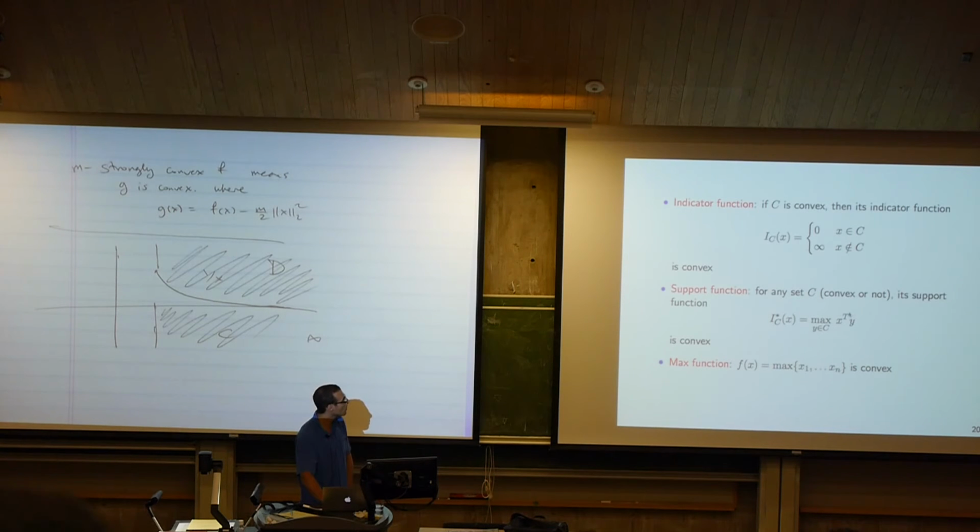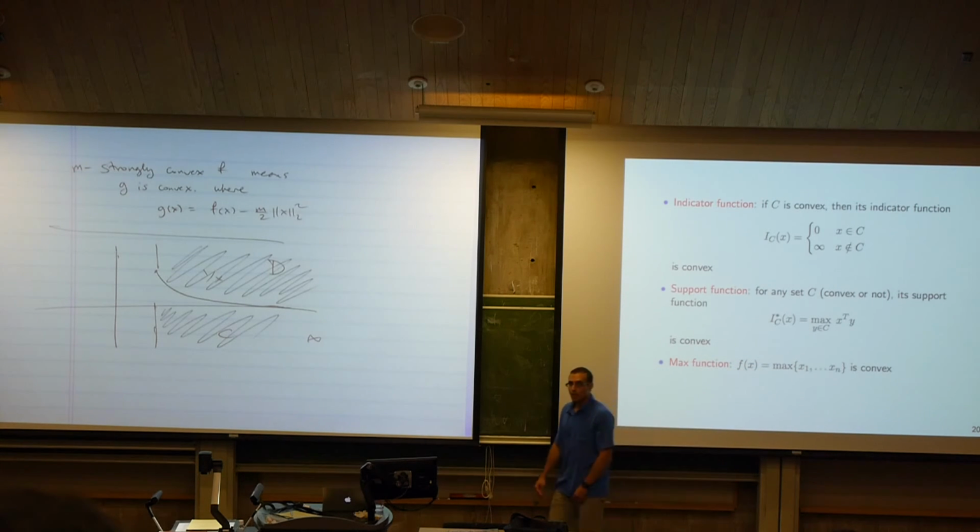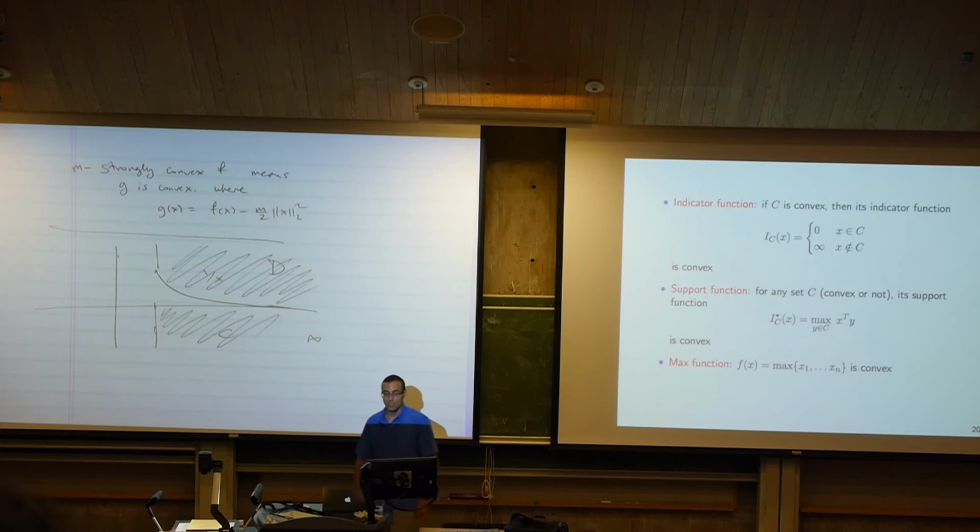So this is very important in relation to the indicator function. I denote it by I star of C. That'll become clear later why we use this notation. And I'll let you check that that's convex based on the definition. That's convex no matter if C is convex or not. It's the maximum inner product I can make with x over all vectors in a set C.